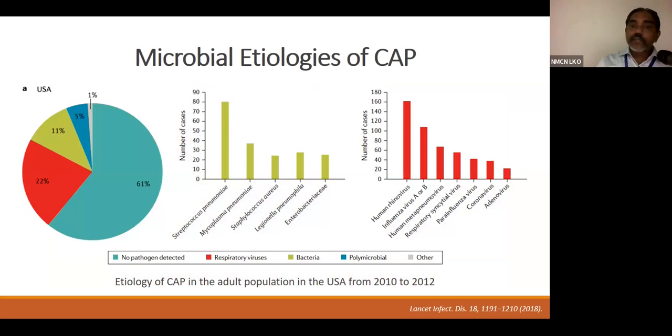The microbial etiology of CAP, according to the reported literature, is different in different areas. In the USA, 61% of patients do not have any pathogen detected, and respiratory viruses are the commonest organisms demonstrated to cause pneumonia.